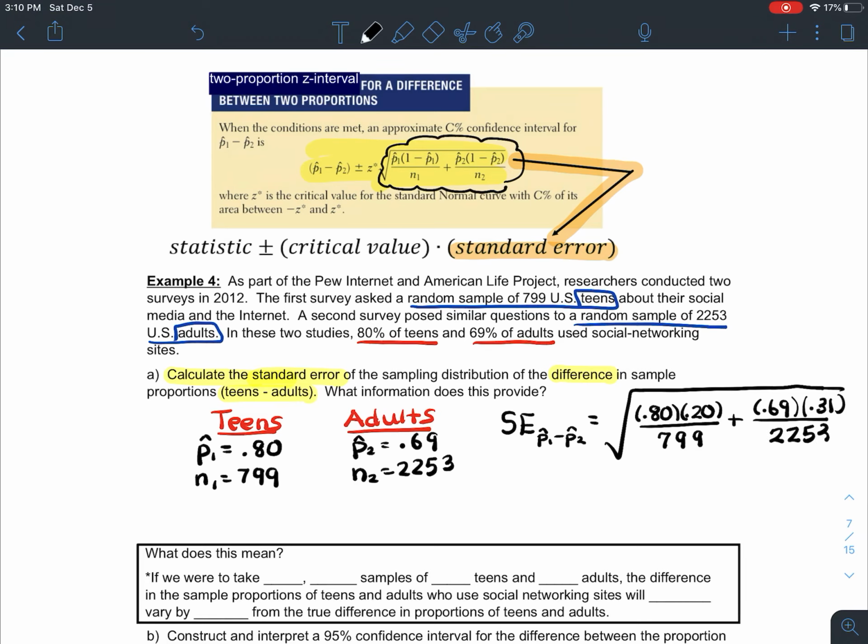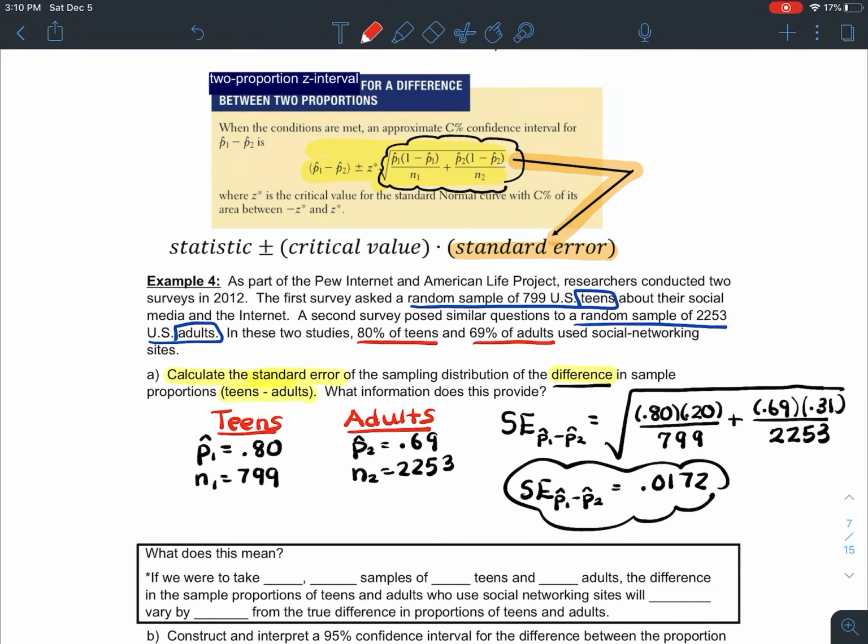That means 31% of adults do not use it, divided by the sample size, 2,253. If I entered that into my calculator, my standard error for the difference in the sample proportions, teens minus adults, is roughly 0.0172.